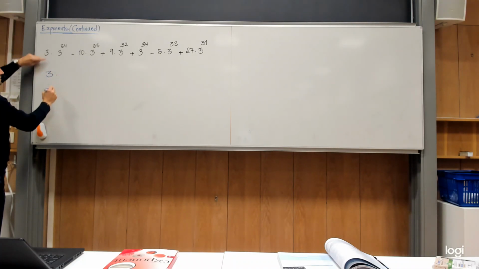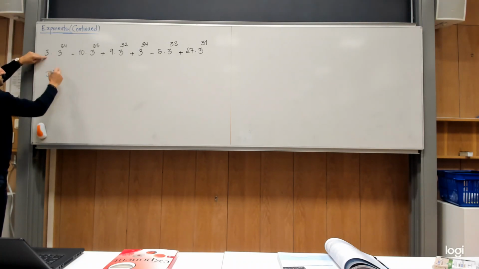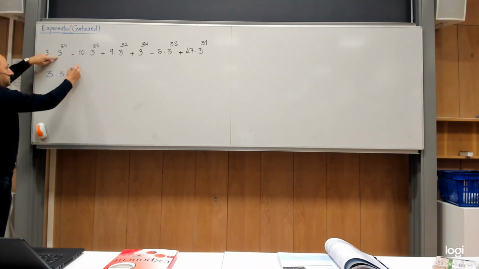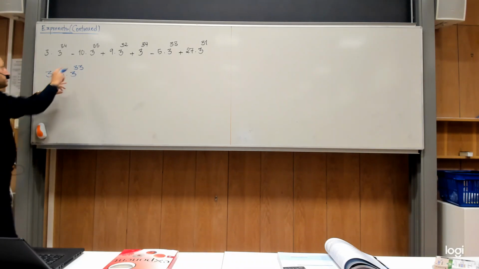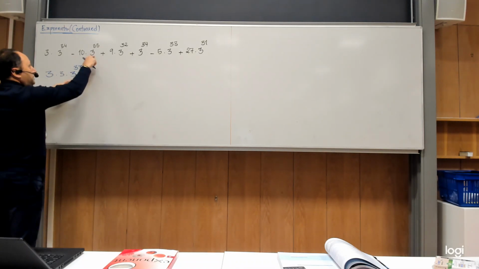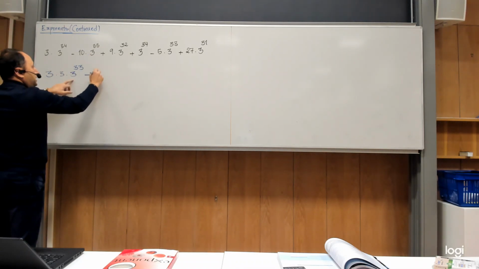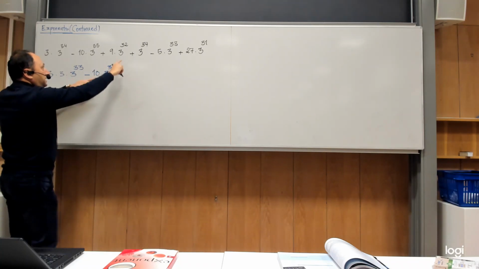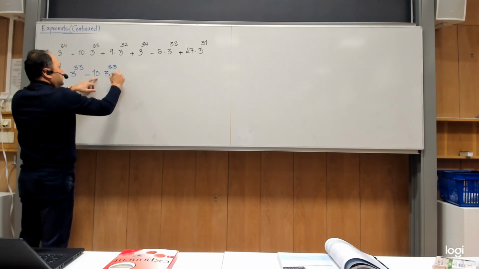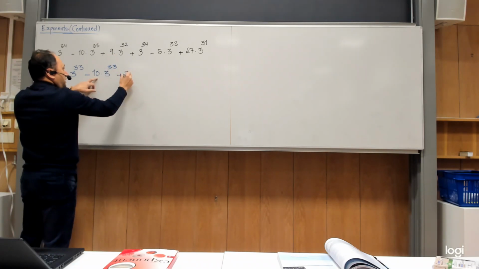This 3 is this 3. I pull out one 3 to follow your strategy. Yes, so that's as simple as that. Yes, and I follow this strategy. So minus. This is already in the right form, so I don't need to change anything at all. And here, what should I do? Yes, so I would write 3.